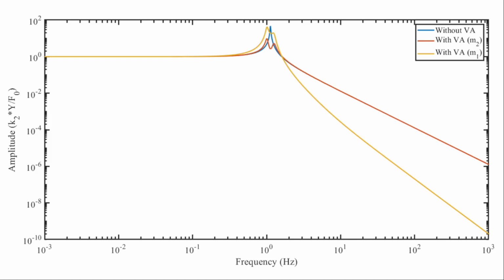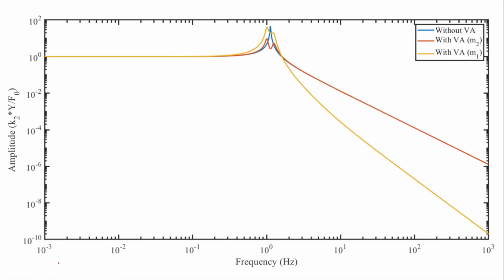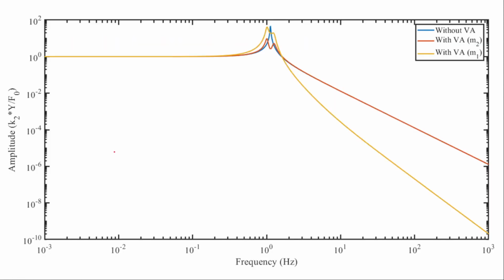The red curve is the amplitude of the mass m2. We can see that there is a significant dip in the amplitude. I am pointing to this red curve near 1 hertz. We see a dip in the amplitude near the frequency of 1 hertz.